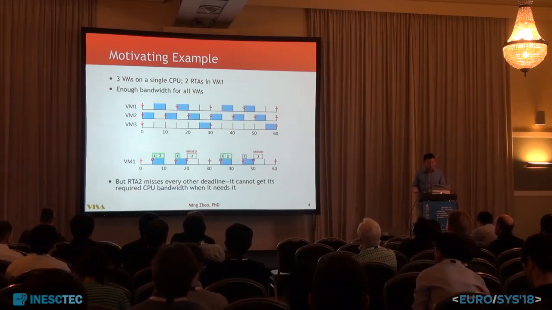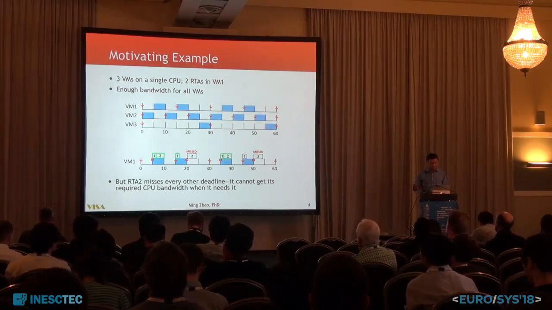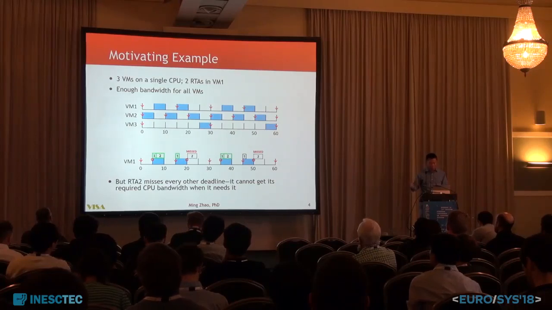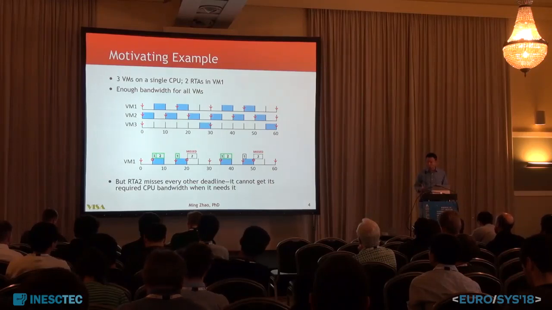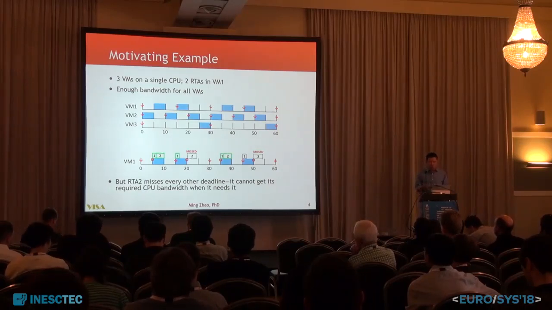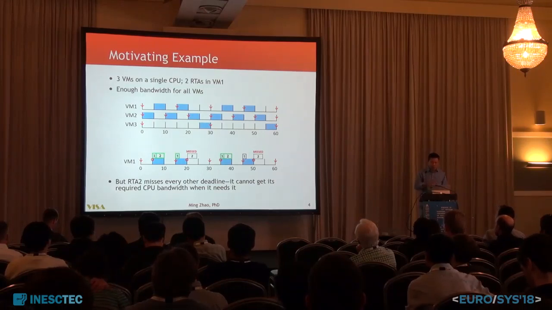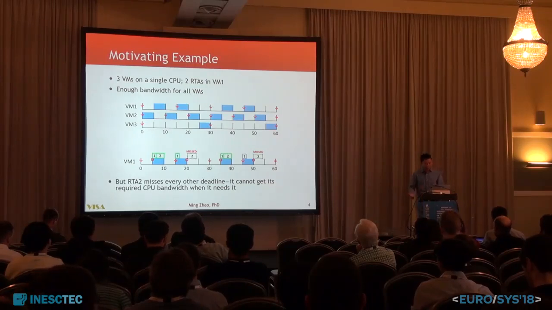But when we look at the 2 time-sensitive applications running on VM1, the way that the deadlines of these applications are aligned to when the virtual machine is given time to run will actually make the second application miss every other deadline when it is scheduled. Again, the reason is that even though there's enough bandwidth to satisfy everybody's requirement, the host scheduler cannot give the application running on the virtual machine the bandwidth when it really needs it. As a result, they cannot always meet their deadlines.